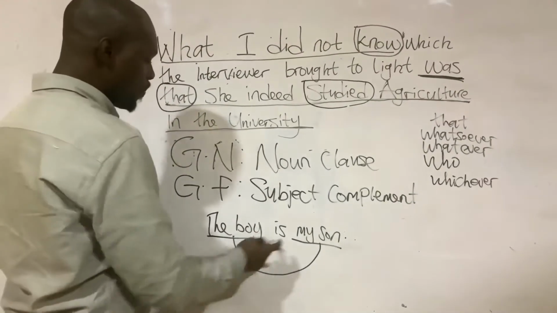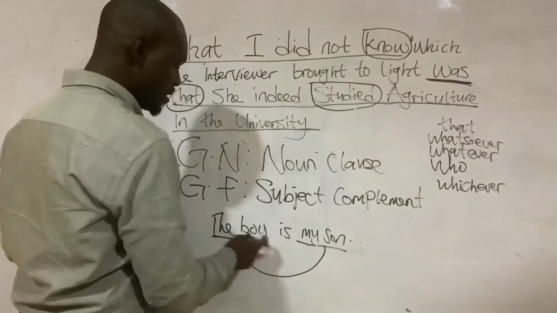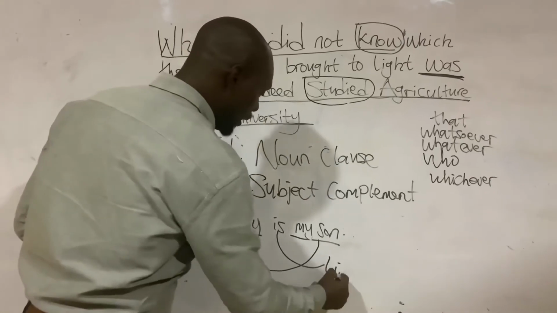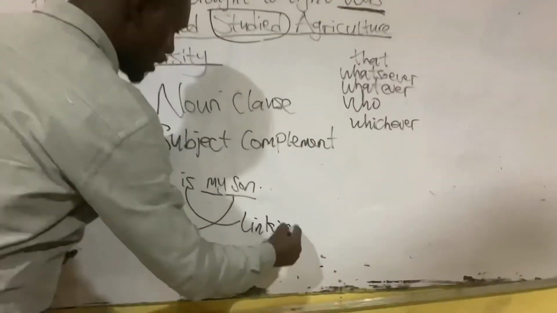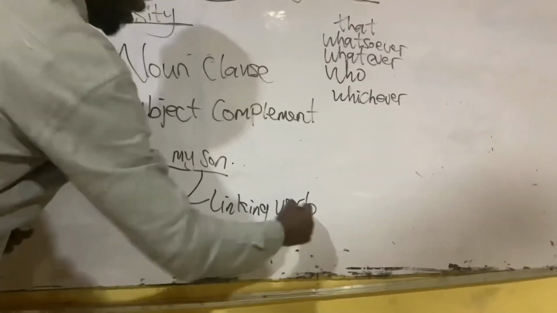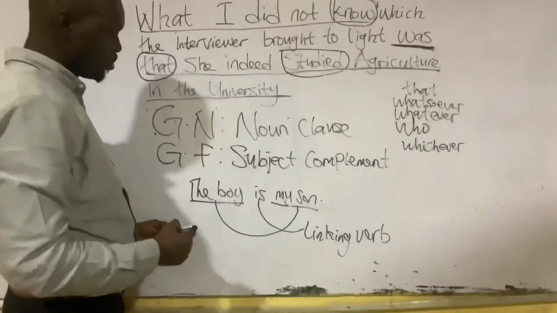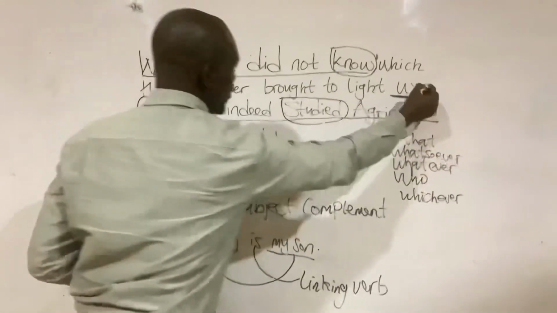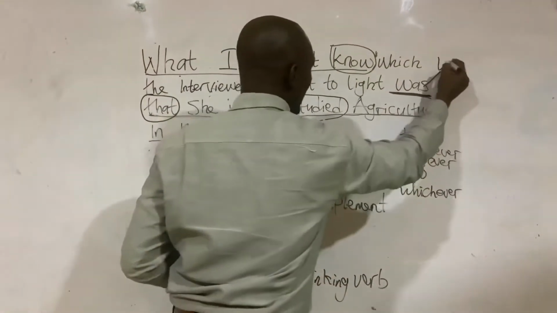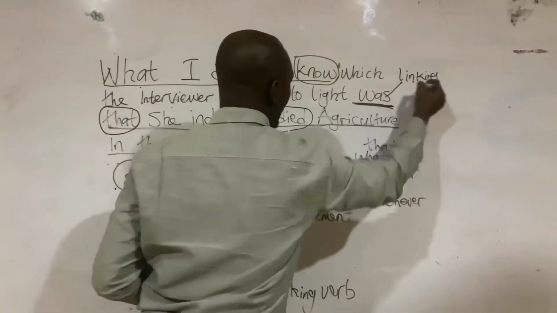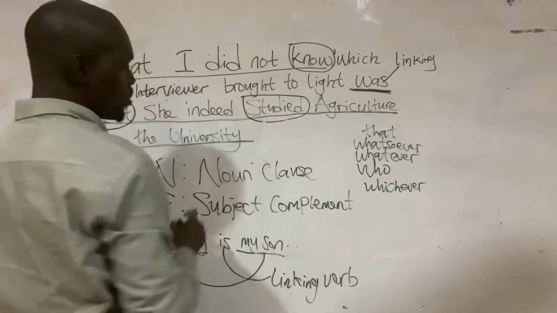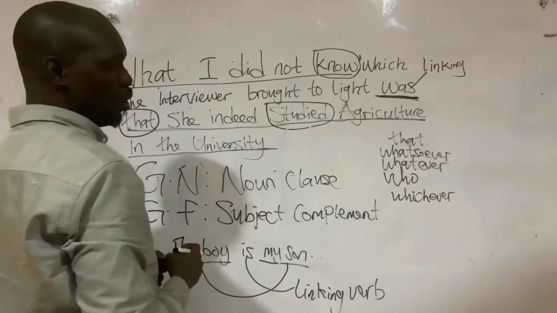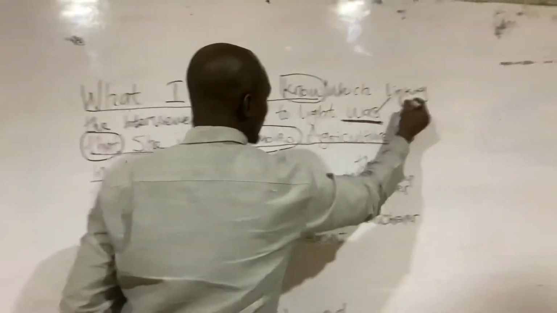Another thing is that both phrases are connected by a linking verb. They are connected by what? A linking verb, as you can see. So if you look at this, you also discover that we have a linking verb here, connecting the subject complement with the subject of this sentence.